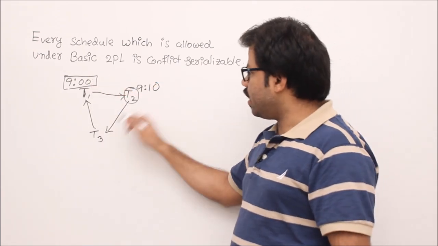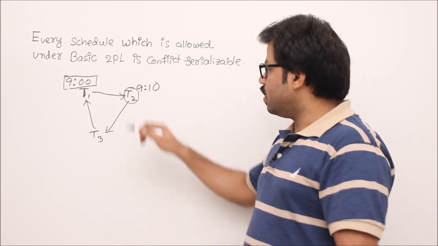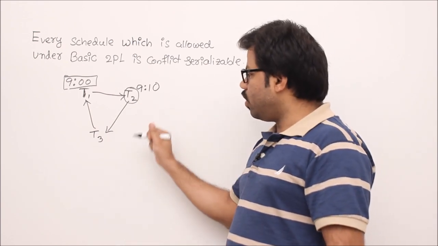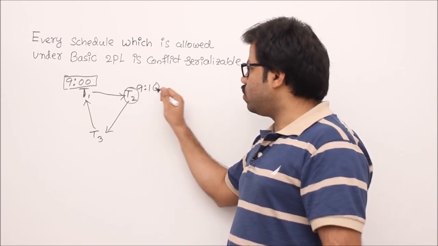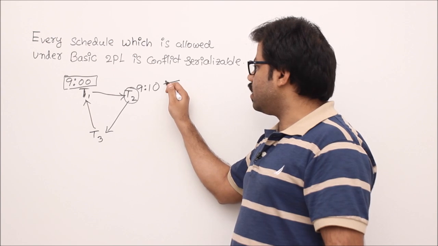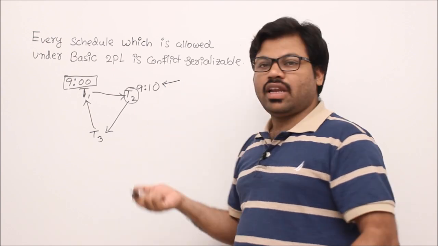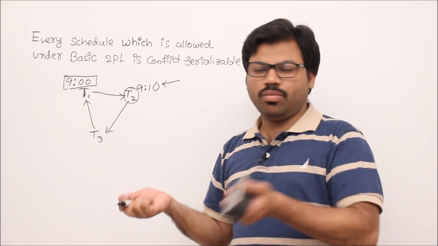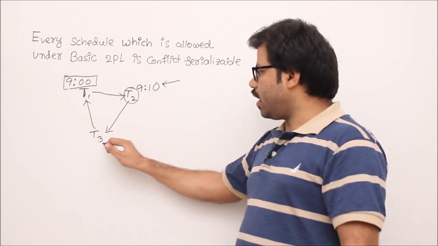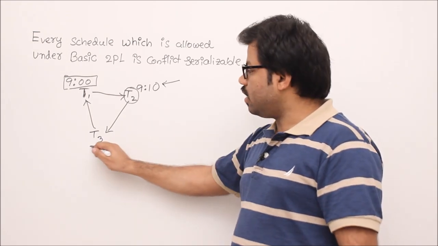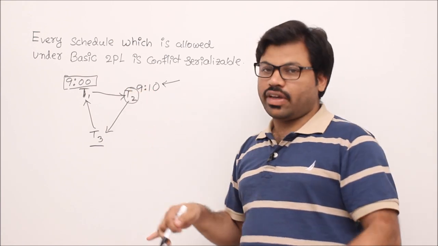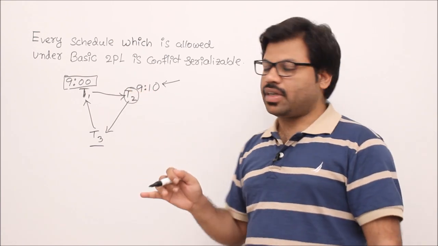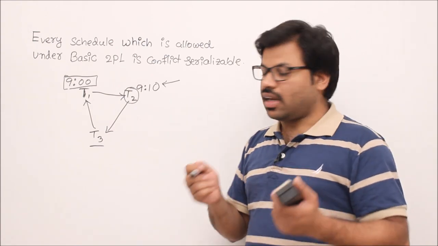Now since T2 and T3 have a conflicting operation, T3 is going to use a variable which is already locked by T2, so T2 has to release it. The first release is at 9:10, and other releases will definitely follow, but we don't know when. So T3 is going to acquire a lock released by T2 definitely after 9:10, because that is the earliest time.